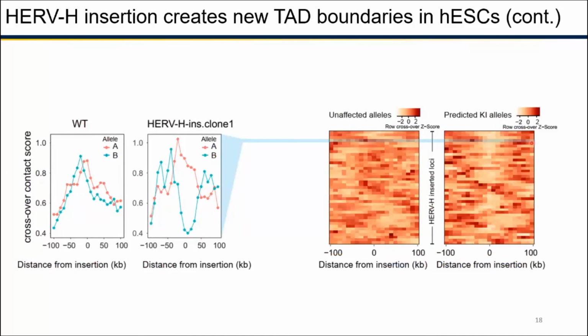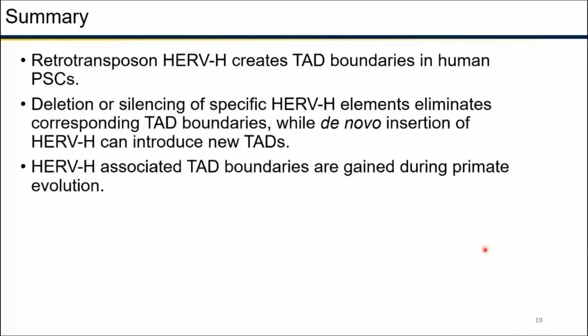And the panel on the right is showing the combined profiles from all of the loci with the HERV-H insertion, showing that indeed it can create contact insulation in several places. So it further confirmed that HERV-H is capable of creating chromatin domain boundaries when it is inserted into the genome.